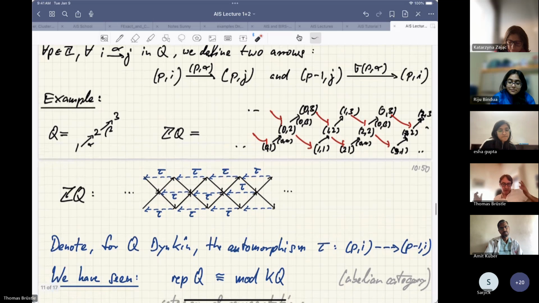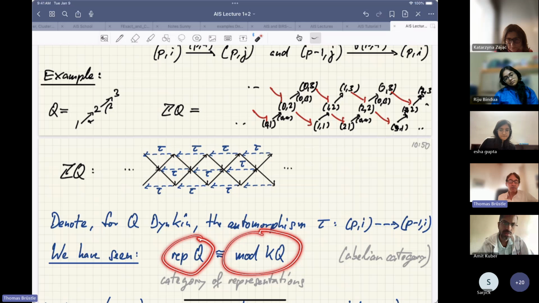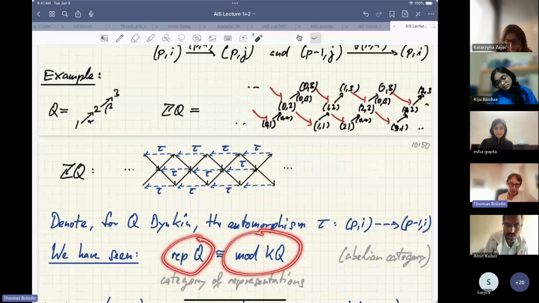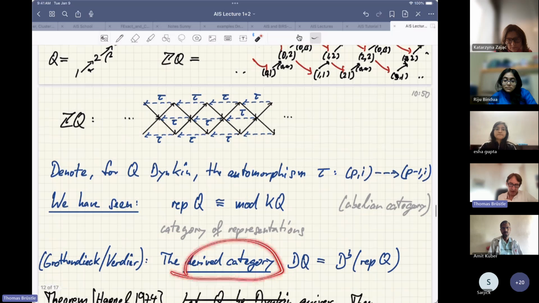And okay, now I come with my general machinery. You have seen the category of representations of Q, or if you prefer, the equivalent category of modules over the path algebra KQ. This is the category of representations. This happens to be an abelian category, and for an abelian category, one can define something called the derived category.